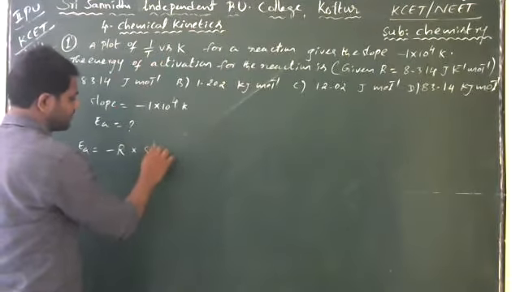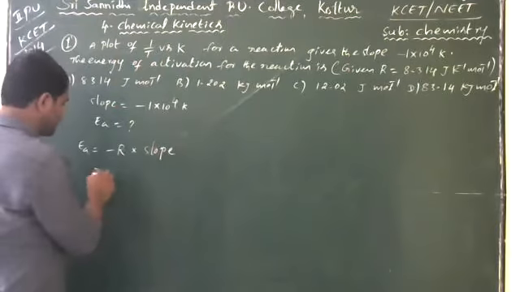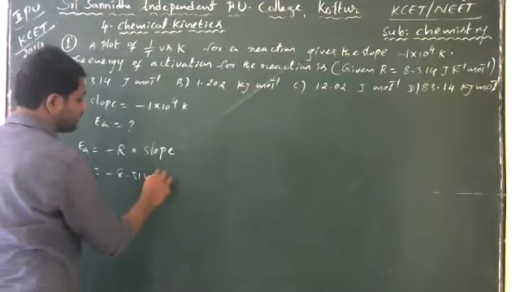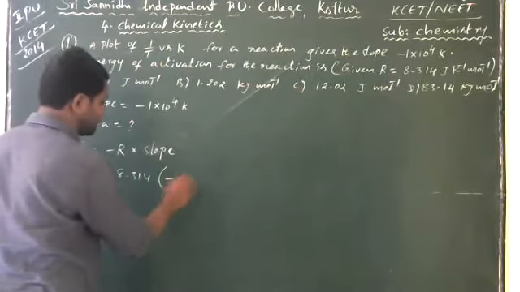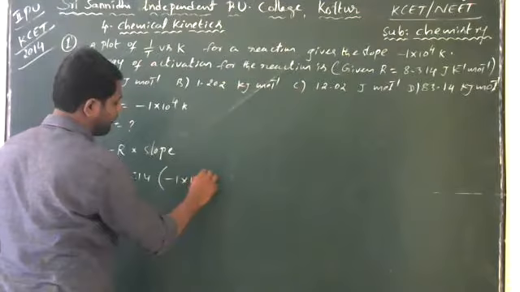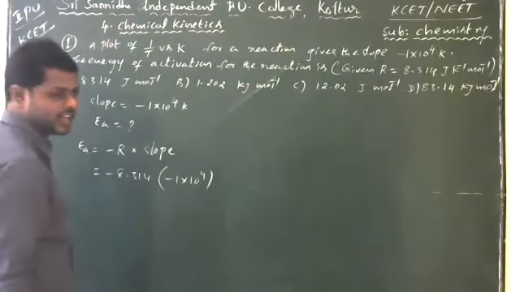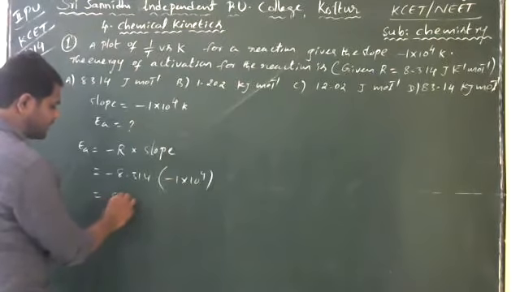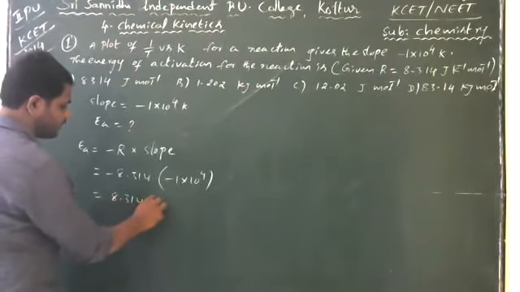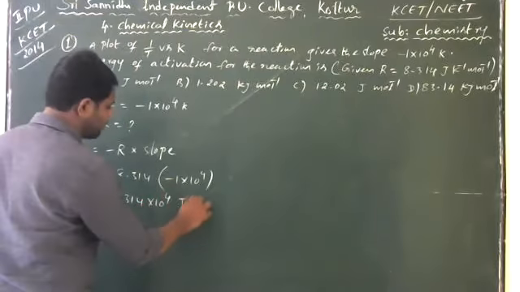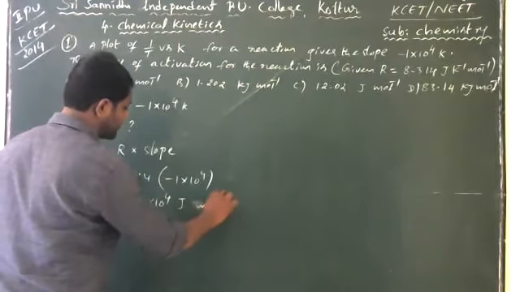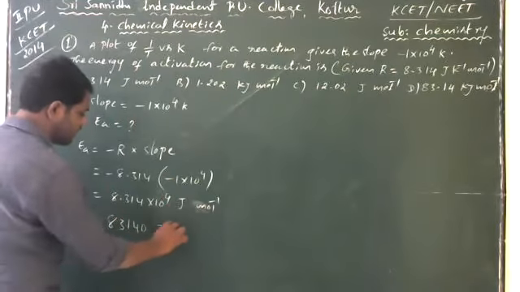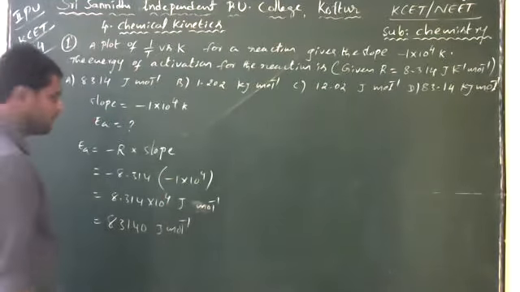We know the R value, 8.314 joules per Kelvin per mole, and the slope value is also given, minus 1 into 10 power 4 Kelvin. Kelvin cancels, joules per mole remains. Minus into minus gives plus, so 8.314 into 10 power 4 joules per mole. This value we can also write as 83140 joules per mole.